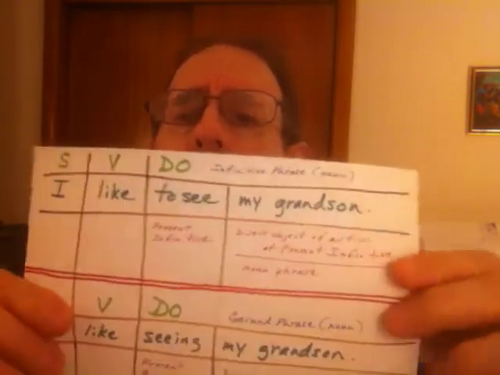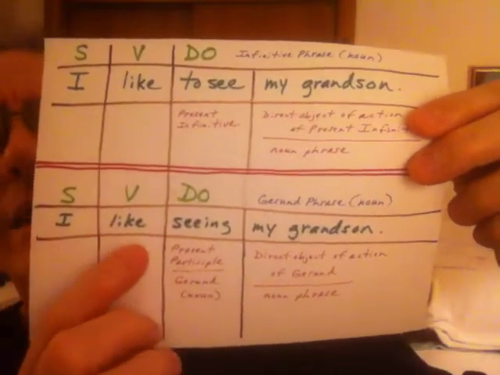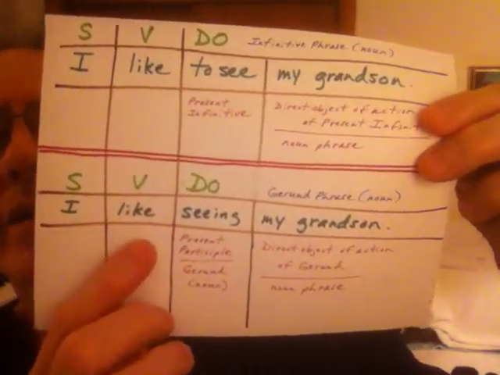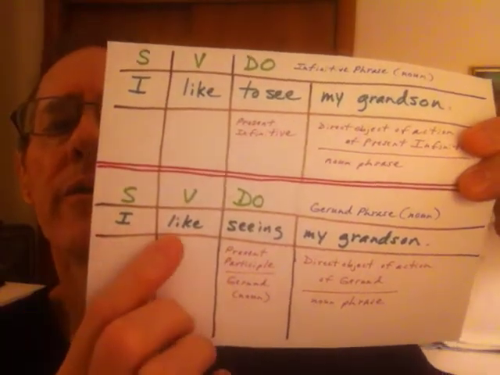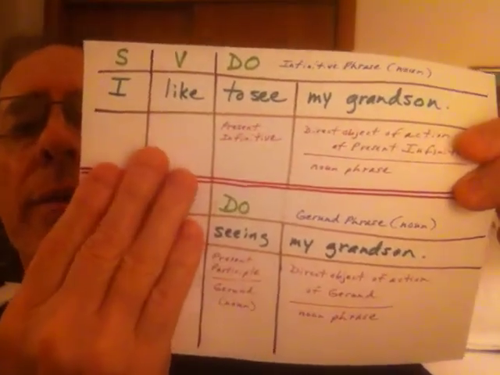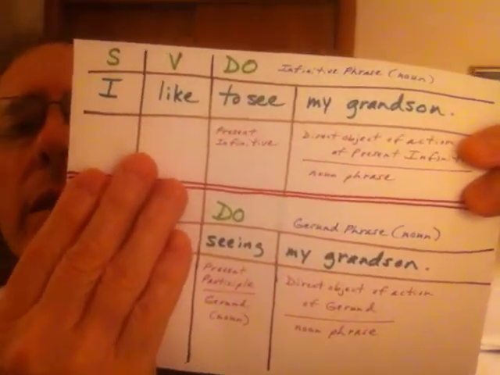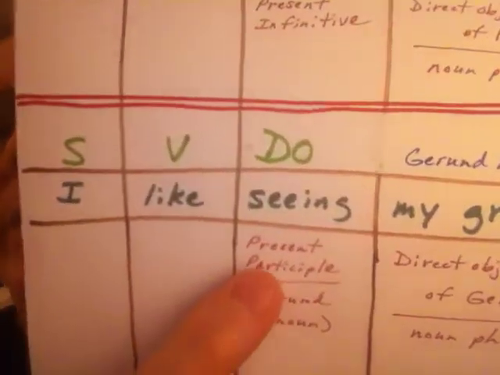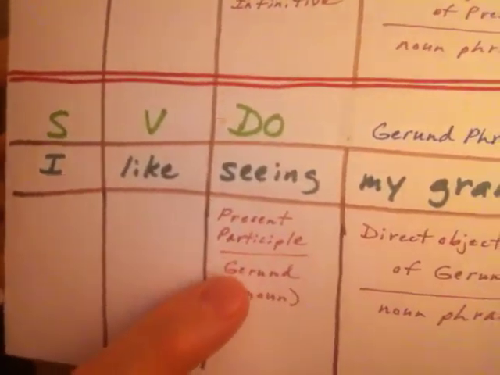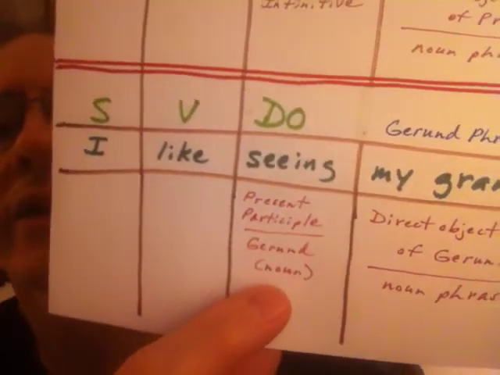All right. Now another example would be, I like seeing my grandson. So here you have your subject, I, verb like, and your direct object, seeing my grandson. And you could call that a gerund phrase. A gerund, because the word seeing, all right, your present participle is also referred to as a gerund because it's acting as a noun.